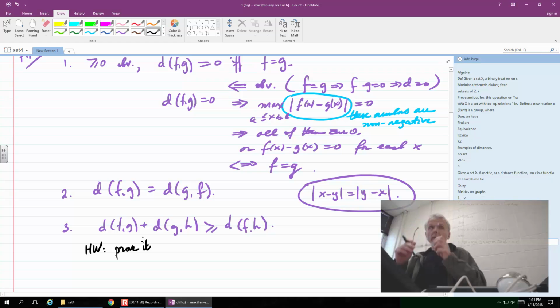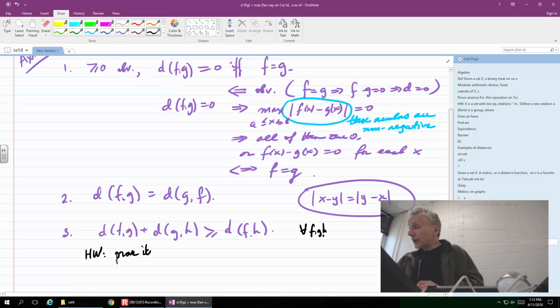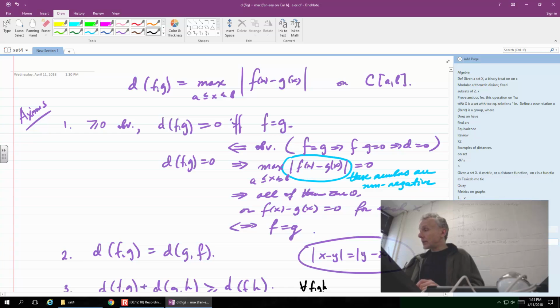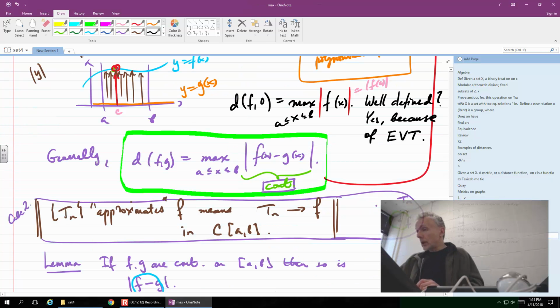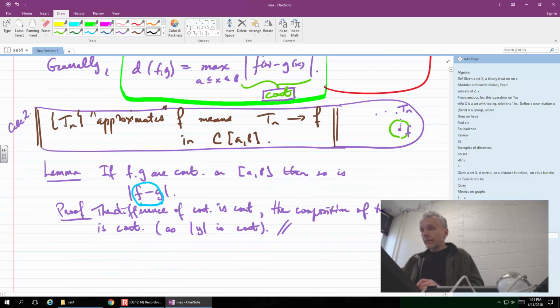So, what is the challenge here? No. This is for any f, g, h. Any continuous functions f, g, h, this is supposed to be satisfied. The challenge is that we have to invoke the lemma and the extreme value theorem.